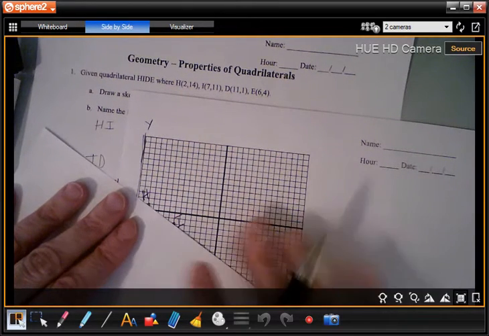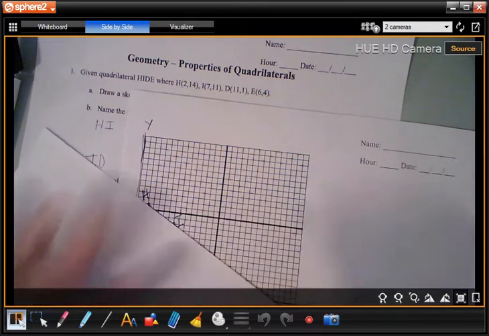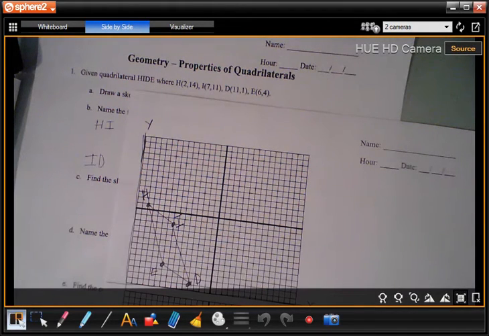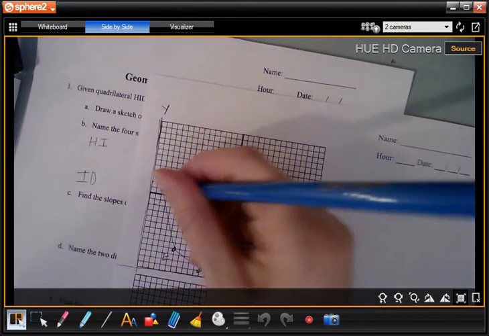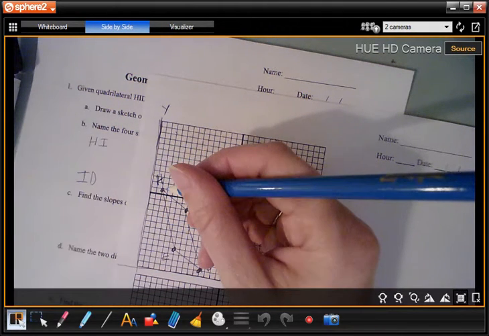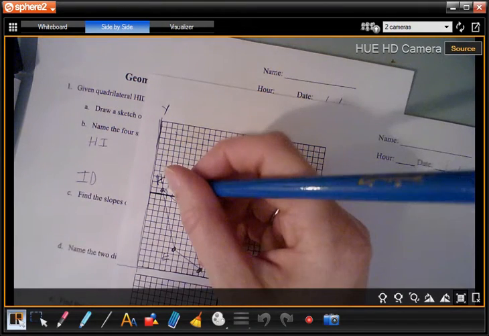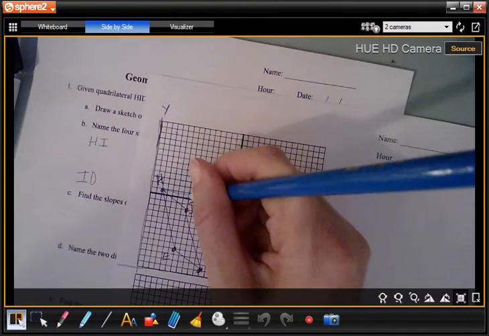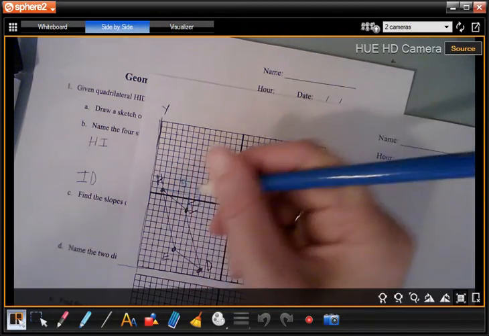So once we have this shape in place, we are going to find the lengths of each side. And we can do this a number of ways. The first few I'm going to use that Pythagorean theorem way that I've kind of showed you about. So we're going to do H to I. H to I, I am going over 5, down 3.